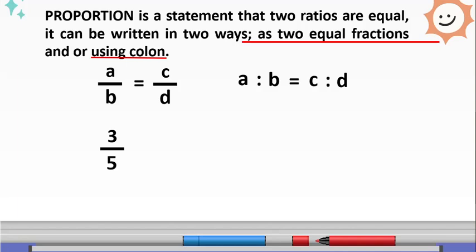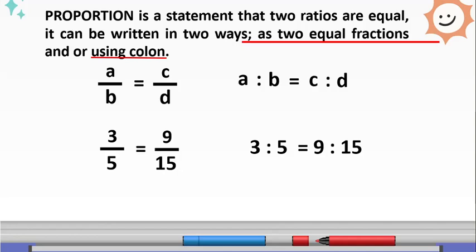So we read it as 3 to 5. C we name as 9, and D, 15. So we read it as 9 to 15. Therefore, let's find out if the ratio 3 to 5 and ratio 9 to 15 is proportion. We can also use the colon form, 3 to 5 as 9 colon 15.